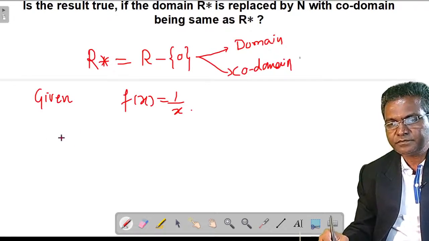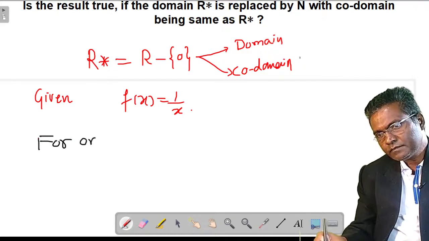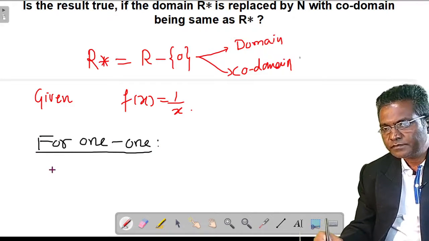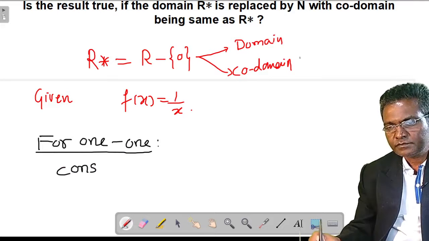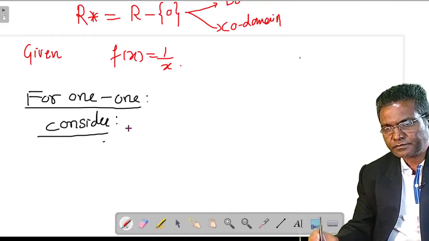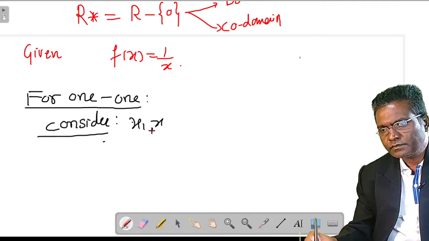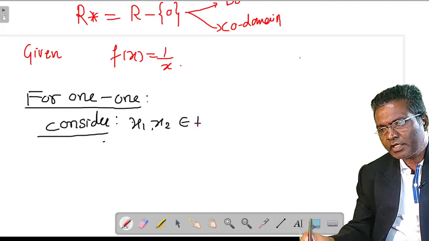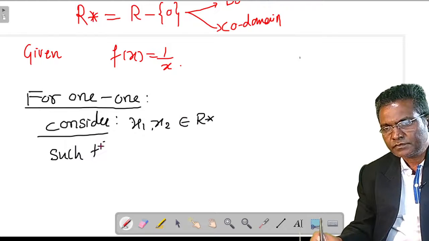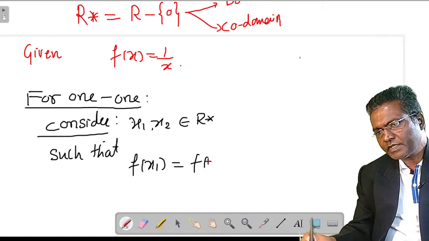So consider for one-one, x1, x2 belonging to R star such that f of x1 equals to f of x2.